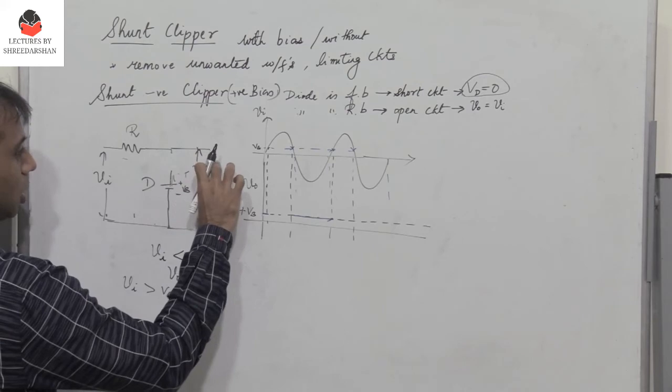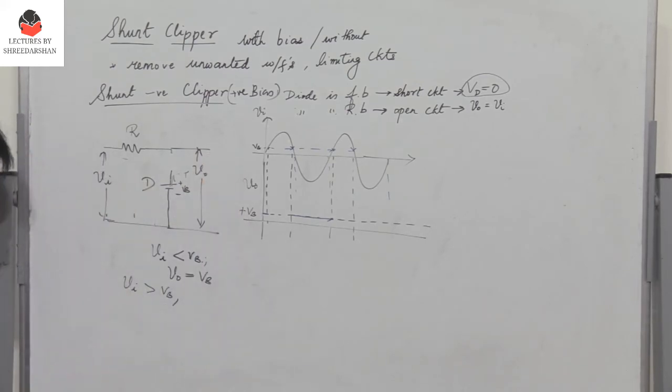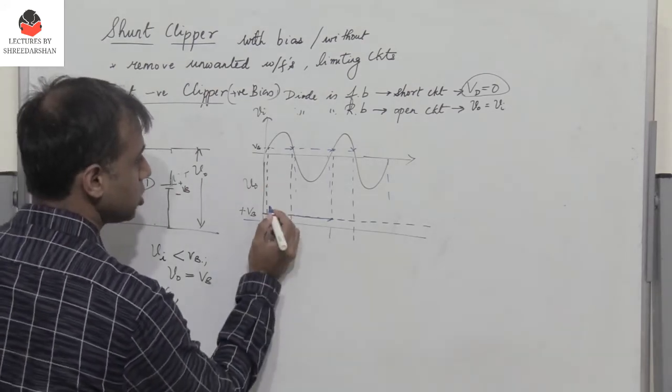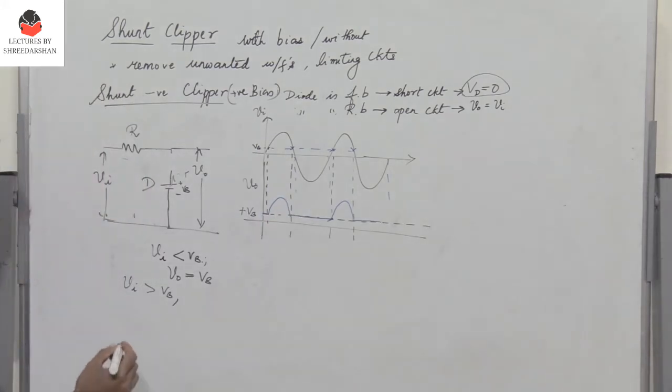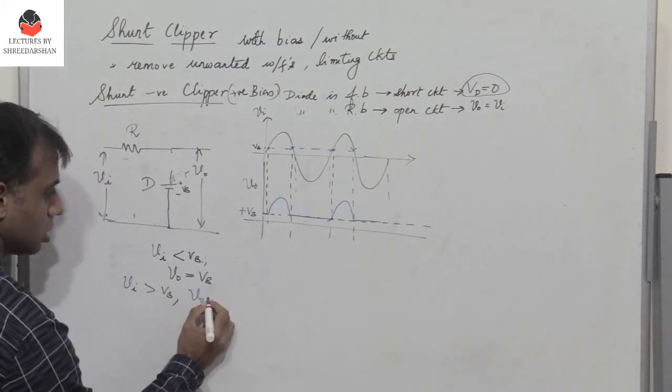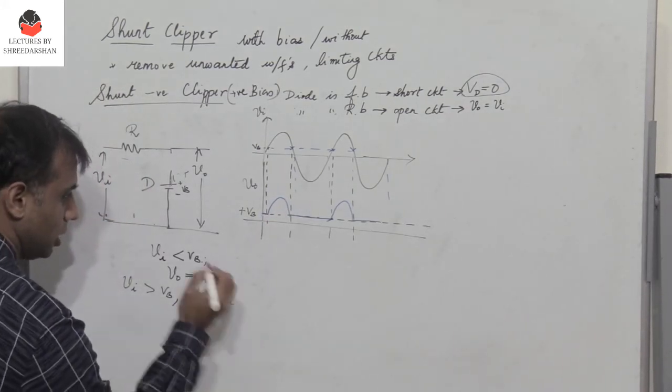So therefore, the output voltage follows the input voltage. Here, we find that the output voltage will follow the input voltage as long as the input Vi is greater than VB. So the output voltage V0 will follow the input voltage Vi.